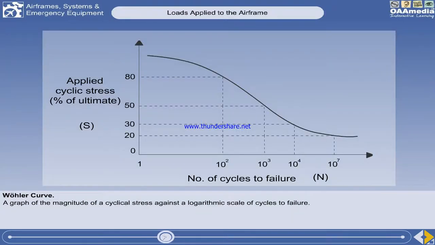In high cycle fatigue situations, a material's performance can be graphically characterized by an SN curve, also known as a Wöhler curve.